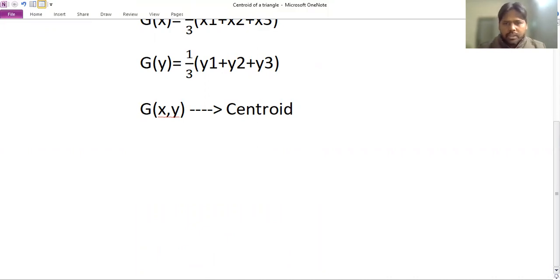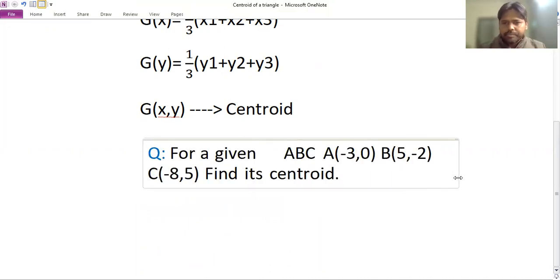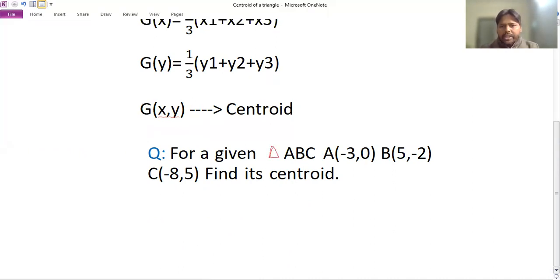Okay, let us first understand this centroid with the help of an example, how we can find out the centroid of a given triangle. Let's say that this is the given triangle, so this is the triangle for which we need to find the centroid.